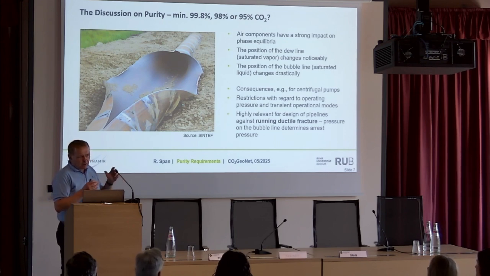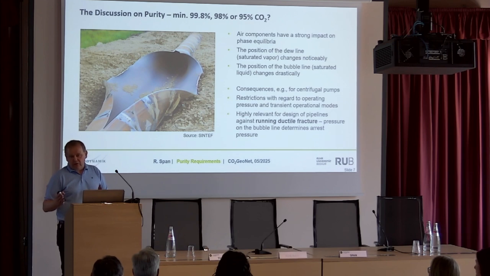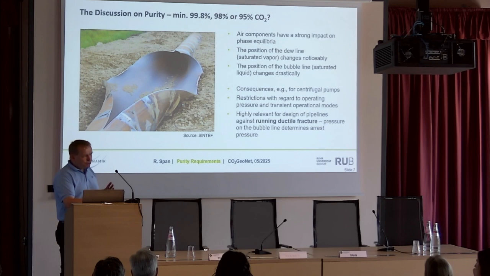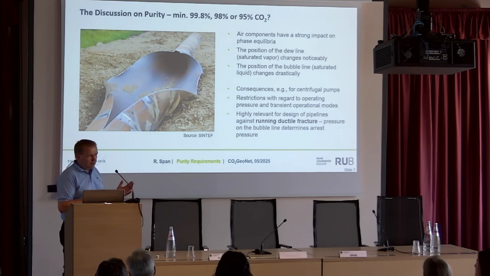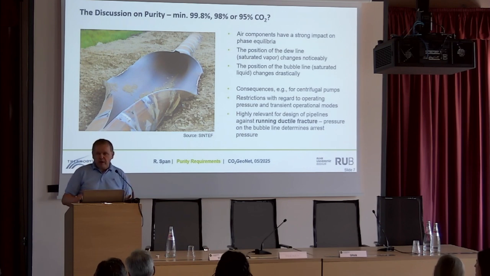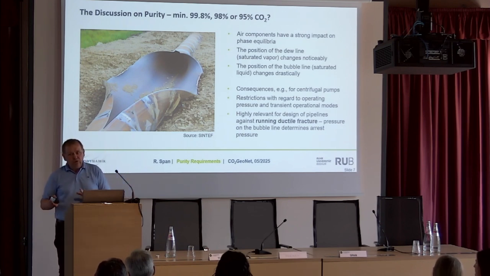And what has started now is a discussion: where is the optimum in the chain cost? Shouldn't we allow for higher nitrogen content, go back to 95%, knowing that the pipelines get more expensive, but having cheaper post-processing? Now, in principle, I agree that minimizing the chain cost is what we should do.